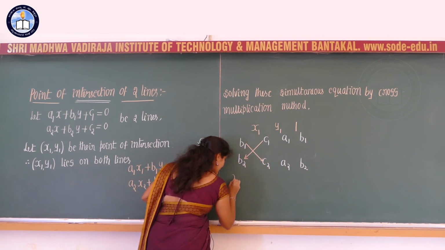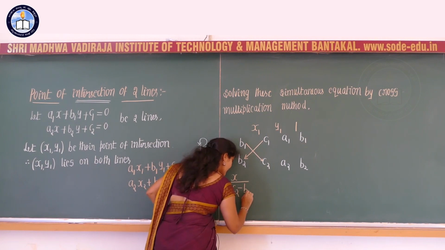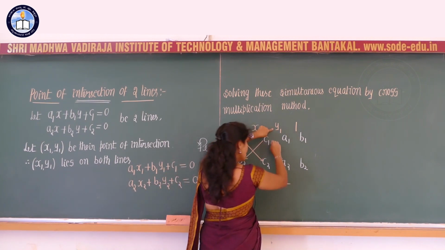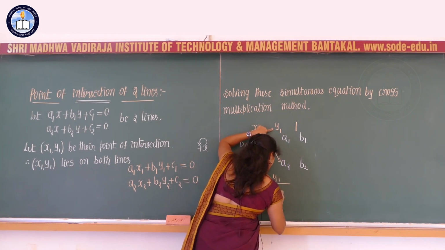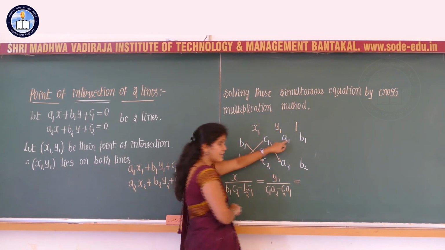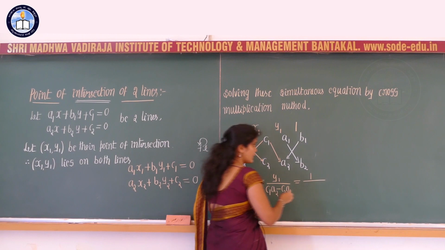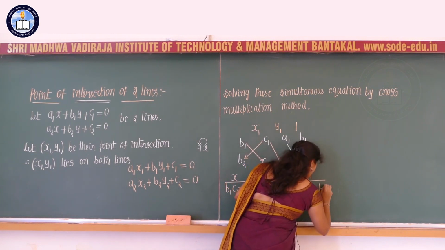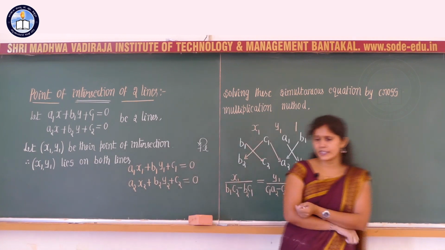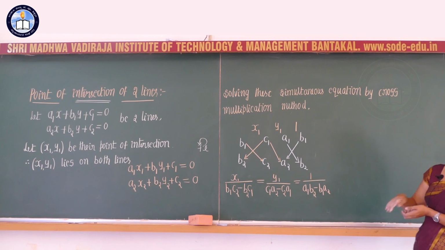So next I can write x1 divided by b1 c2 minus b2 c1, which is equal to, with respect to y, y1 divided by c1 a2 minus c2 a1, which is equal to 1 divided by a1 b2 minus b1 into a2. Now in order to get the value of x1, I am equating x1 divided by the denominator to the third term, that is 1 divided by a1 b2 minus b1 a2.